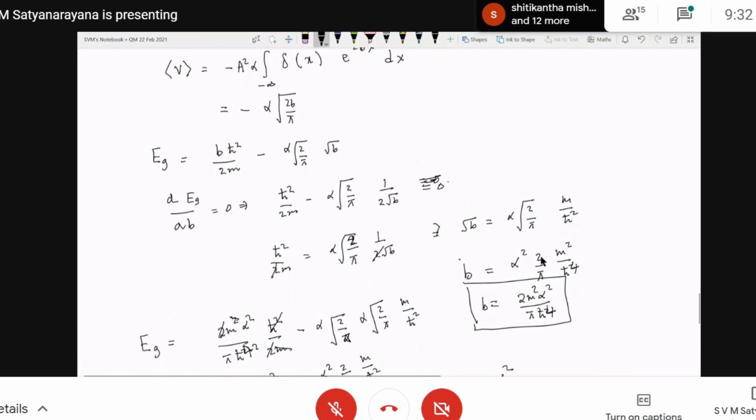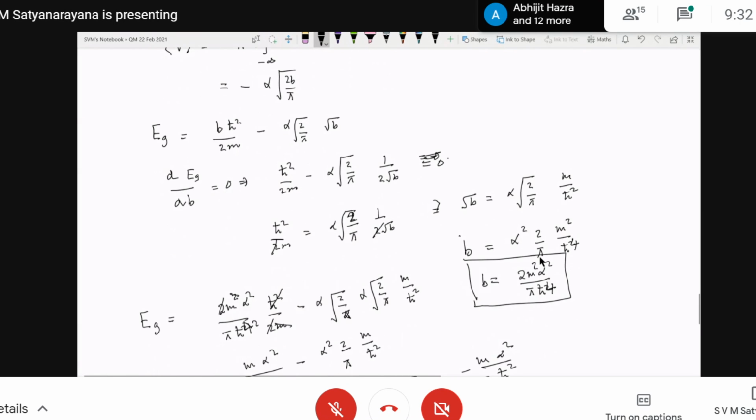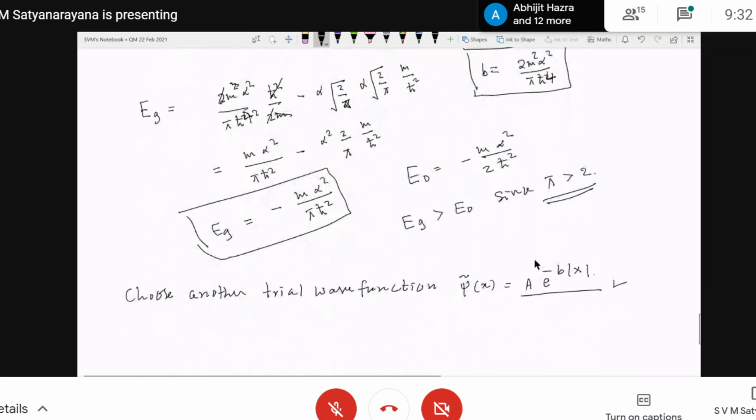Okay, so this is the procedure. Sir, here the number of parameters to minimize the ground state, we have chosen only one. Is that related to the dimensionality of the problem, or is that independent? No, it's not related to the dimensionality of the problem. See, these are just illustrations.